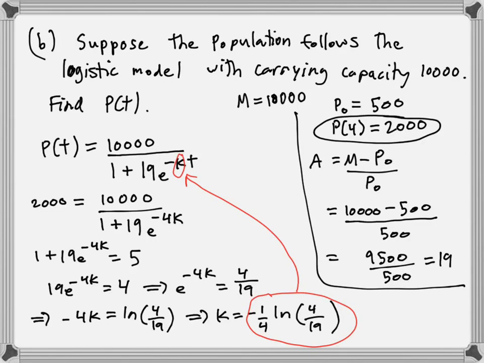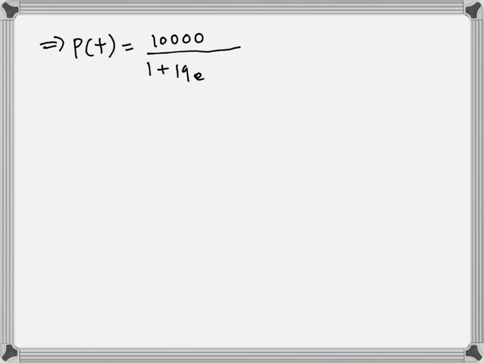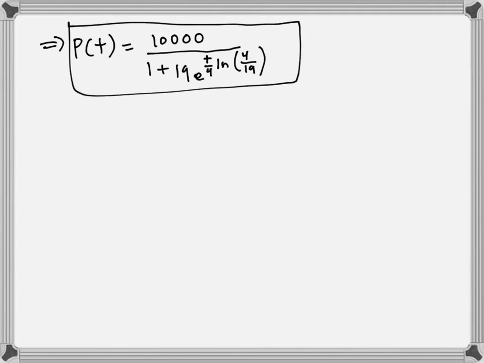We have t over 4 natural log of 4 over 19. So this is our P of t. All of this is our population.